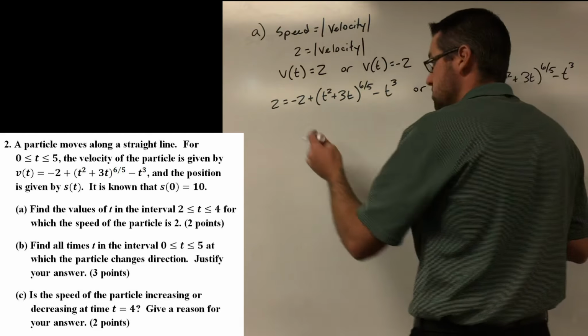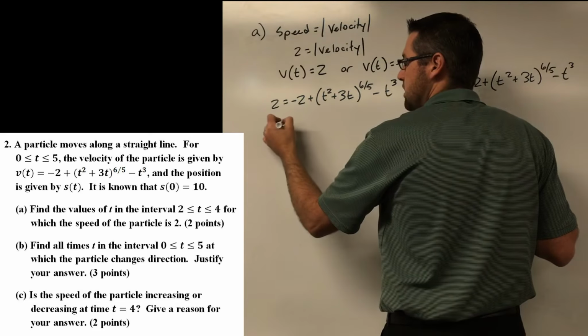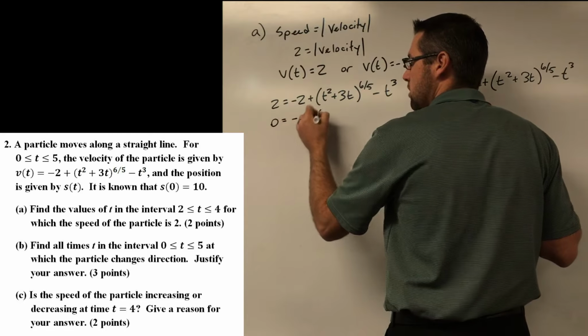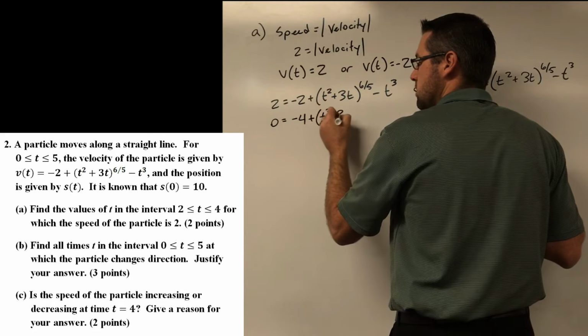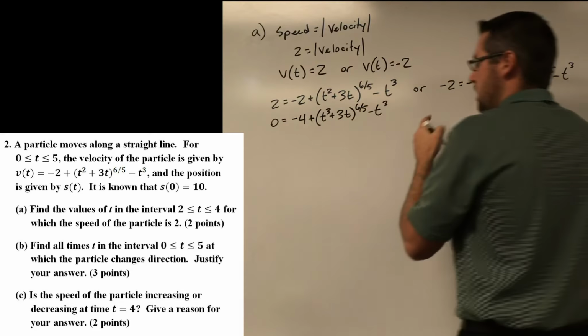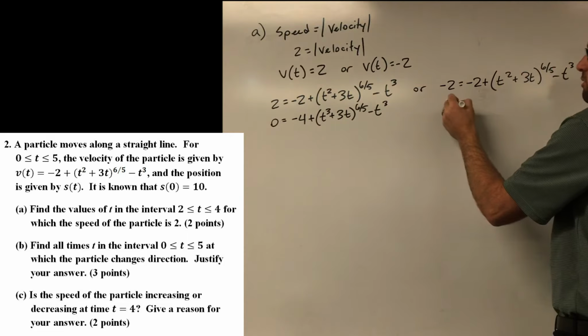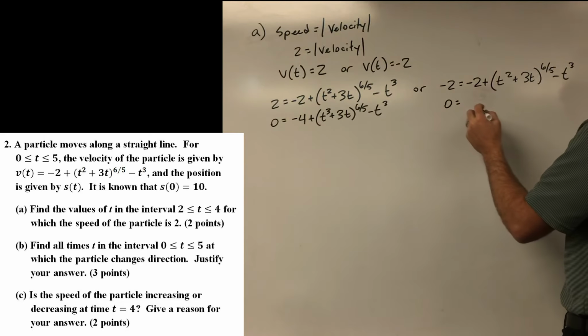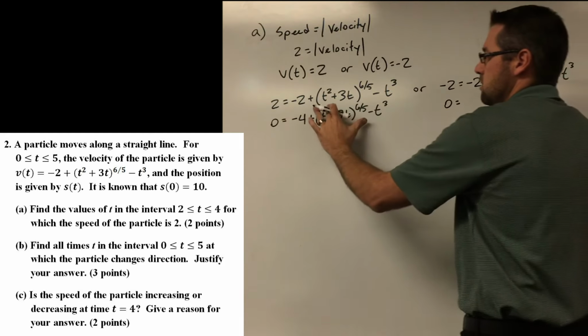Okay? So we'll subtract 2 here. We get 0 equals -4 plus t squared plus 3t to the 6/5 minus t cubed. And on this one, we're going to get 0 equals, and that cancels out. What is it? T squared, thank you.